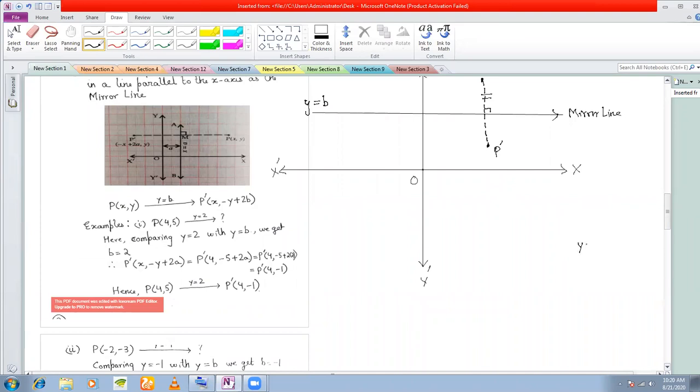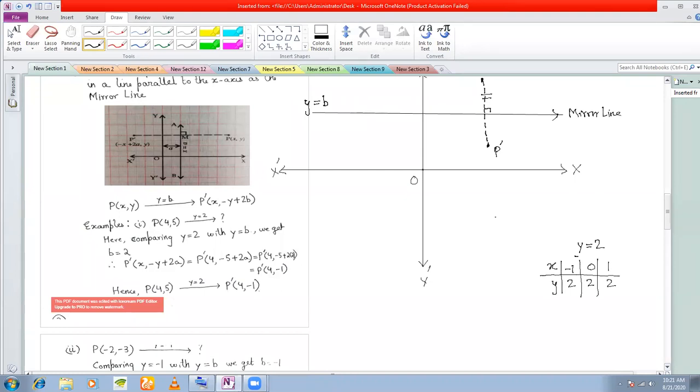Suppose I give you a line y is equal to 2. What does it mean? It means that if you are actually drawing the straight line, you need 3 points to draw it. You have y remaining 2 throughout, and whatever value of x you want to take, you can take.